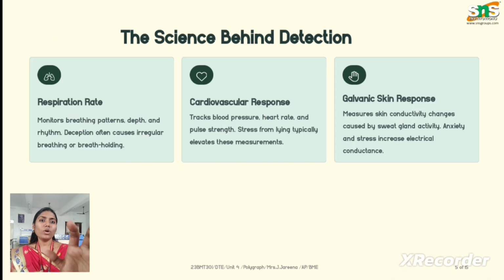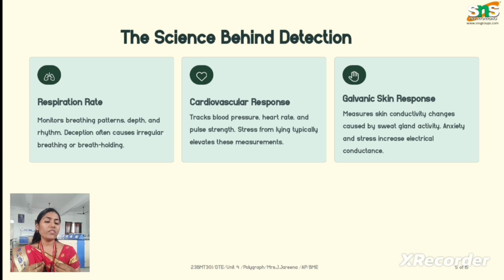Let's see what are the important physiological parameters measured with this polygraph device. I have already told that involuntary physiological parameters are measured with the help of the polygraph device, because these involuntary body reactions, for example respiration rate, cardiovascular response and galvanic skin response, cannot be controlled by our own voluntary action, that is, with the help of the conscious mind.